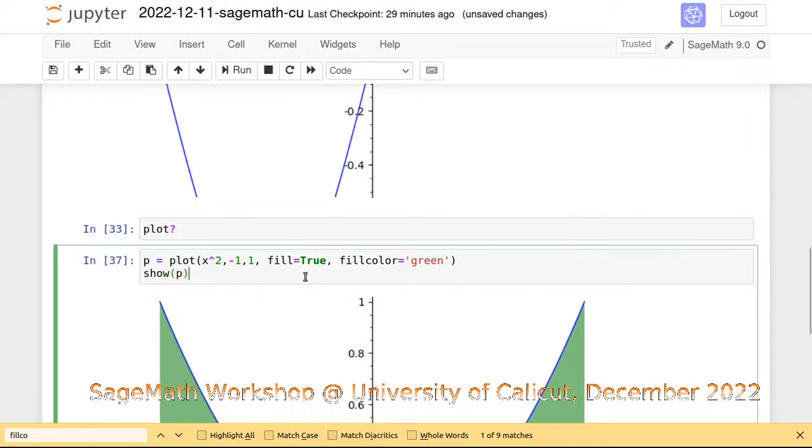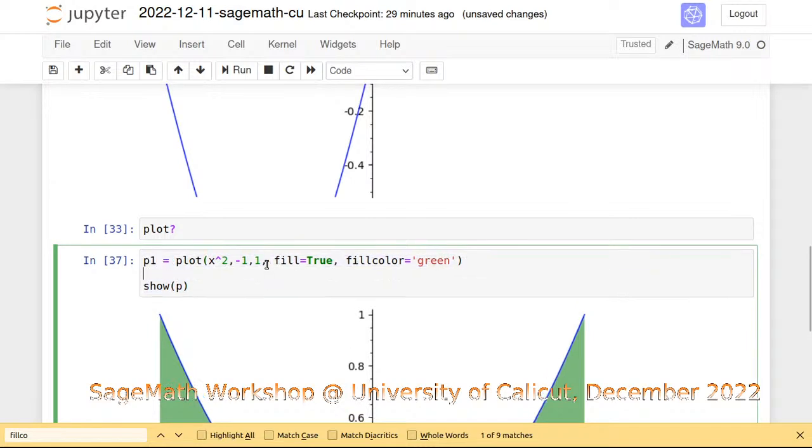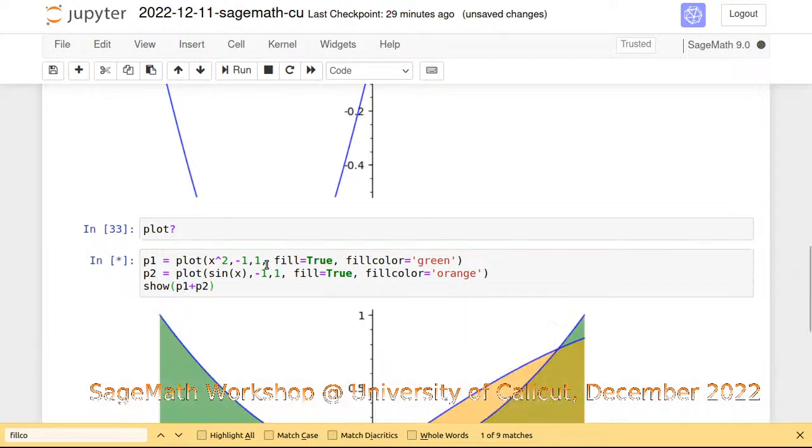Okay, let us try to see something else. P1, P2 equal to, what happens with the sine function? I'm just trying to see the sine function within this, fill color, some other color, P1 plus P2.